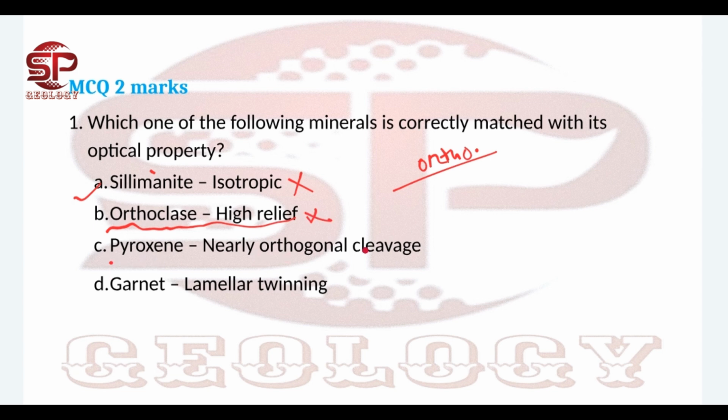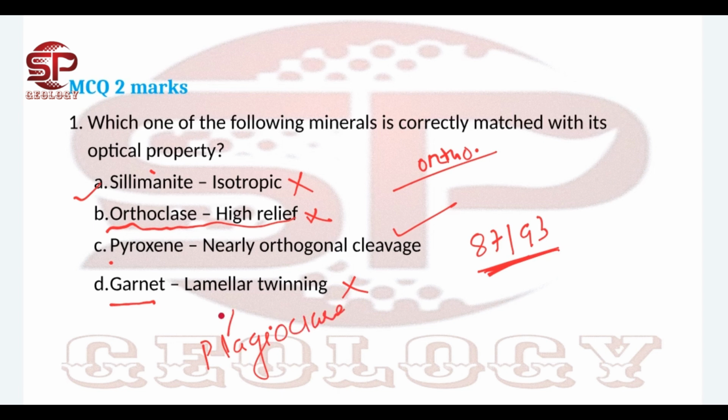Pyroxene has nearly orthogonal cleavage. Pyroxene has a cleavage angle of 87-93 degrees, close to 90 degrees. It will be correct. Then garnet shows lamellar twinning. It is incorrect, because it is plagioclase that shows lamellar twinning. So the answer will be C.